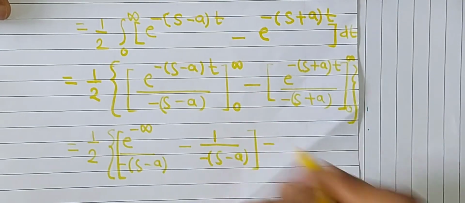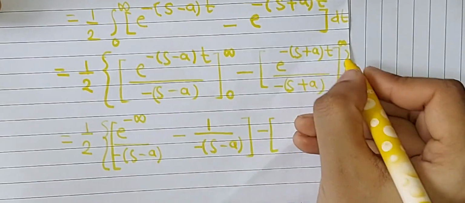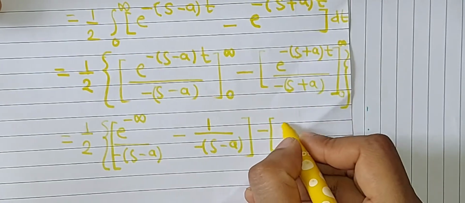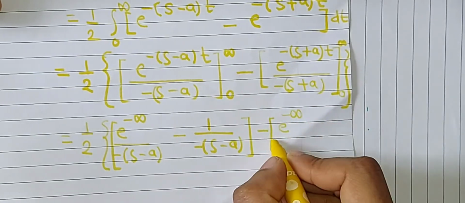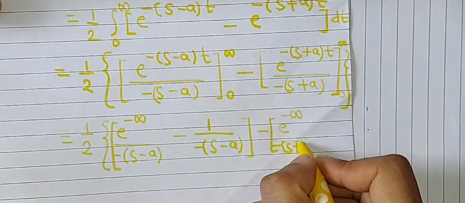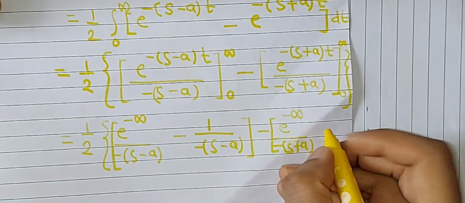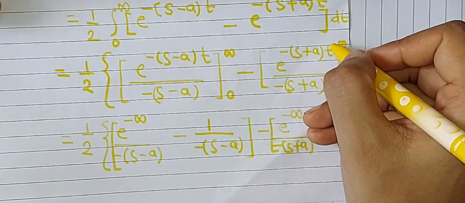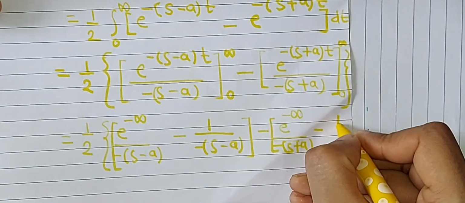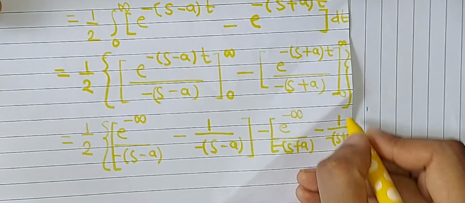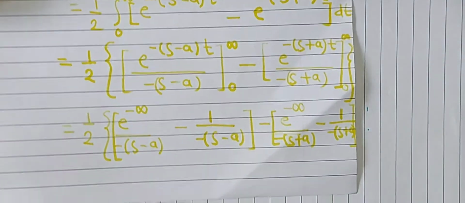Again the middle term is a minus sign. Next, in the second bracket put infinity in place of t, and we get e raised to minus infinity divided by minus (s plus a). The middle term is a minus sign, and next put 0 in place of t, that is e raised to 0 is 1, divided by minus (s plus a), and we have completed this bracket.